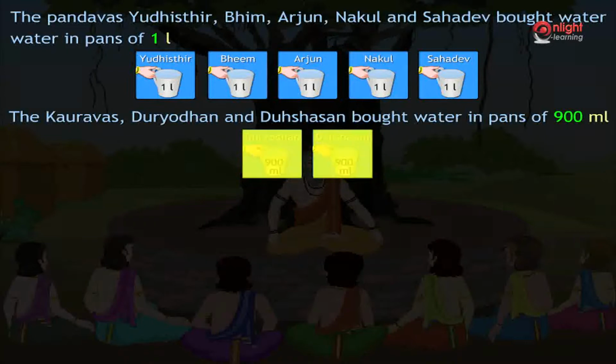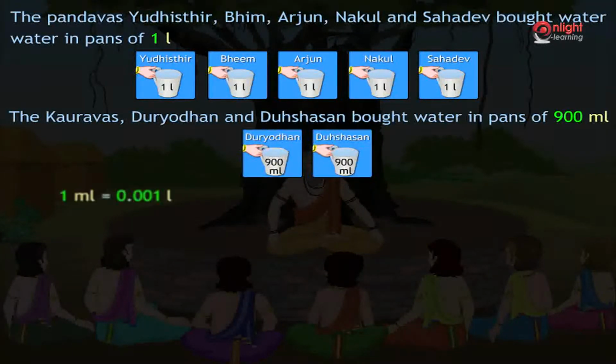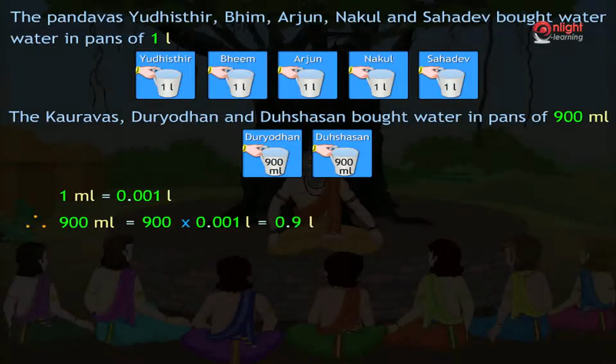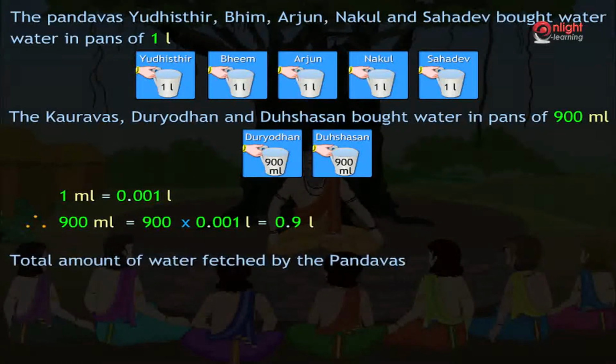Their pan had a water capacity of 900 milliliters. 1 milliliter equals 0.001 liter. Therefore, 900 milliliters equals 900 into 0.001 liter, which equals 0.900 liters. Now the total amount of water fetched by the Pandavas equals 1 liter into 5, which equals 5 liters.